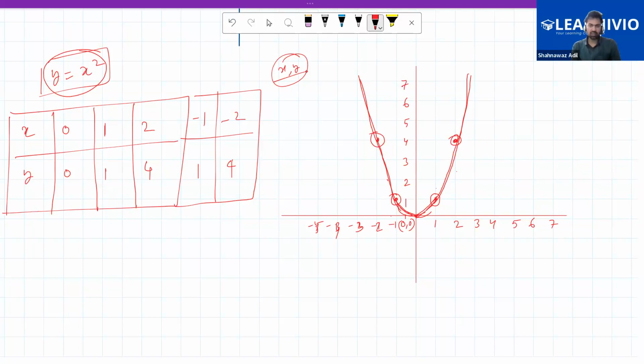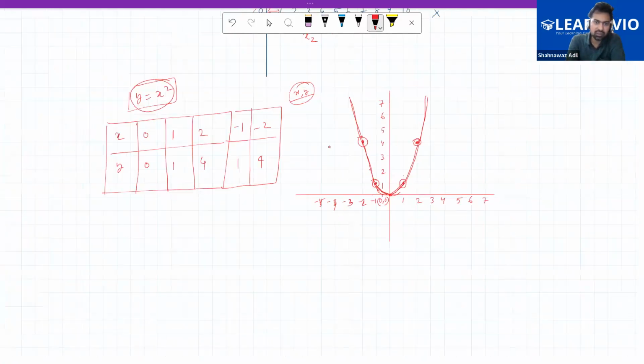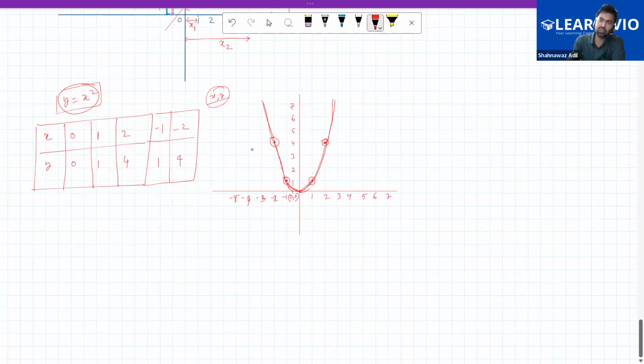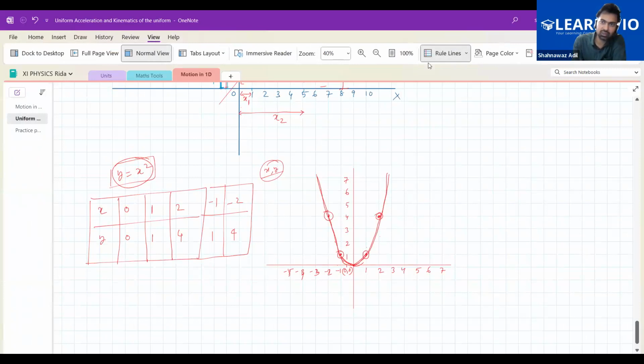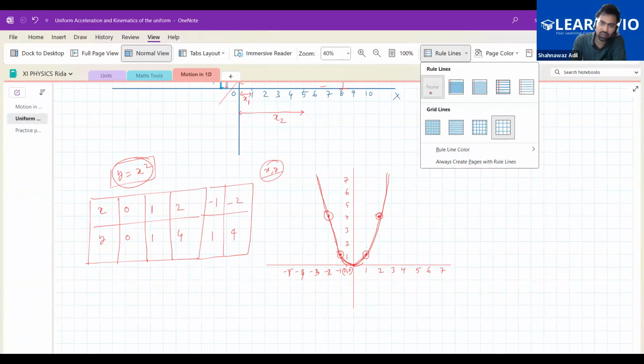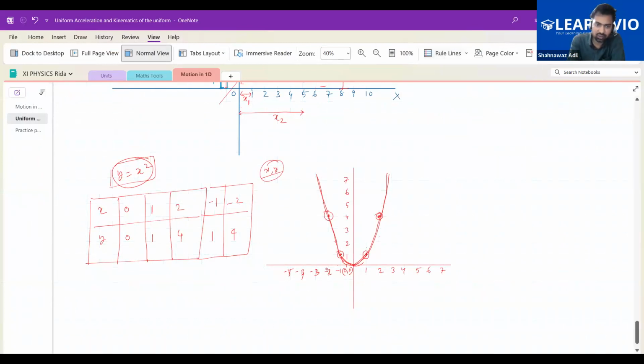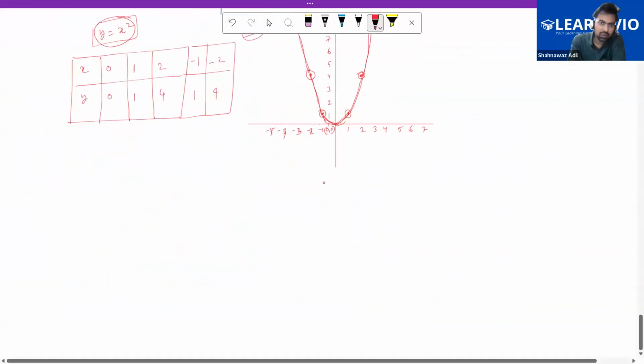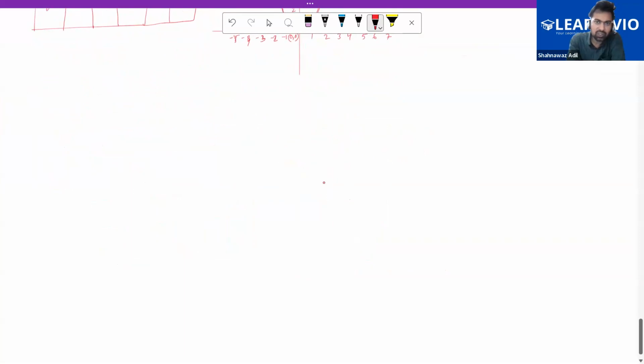Okay, so now let us discuss what is the use of these graphs. Now I will remove this background because it is giving so much trouble. So now we don't have any music. Now, what kinds of graph do we have in this chapter, motion in 1D?